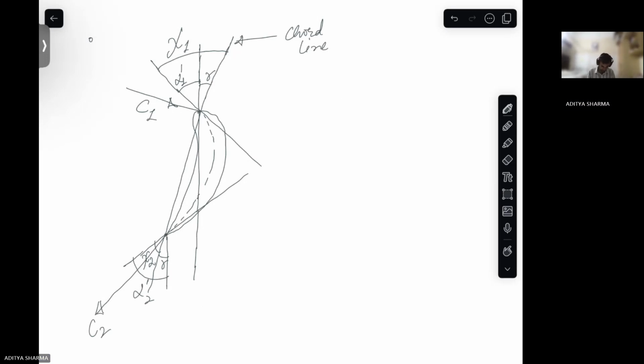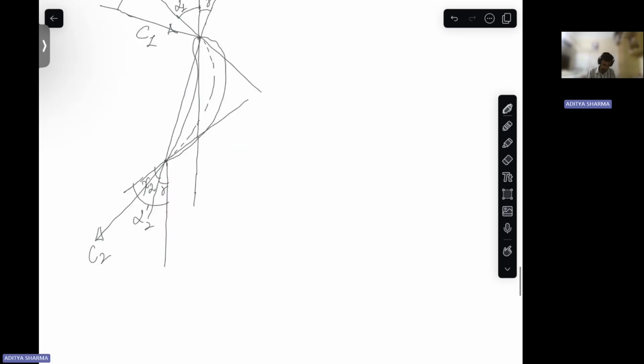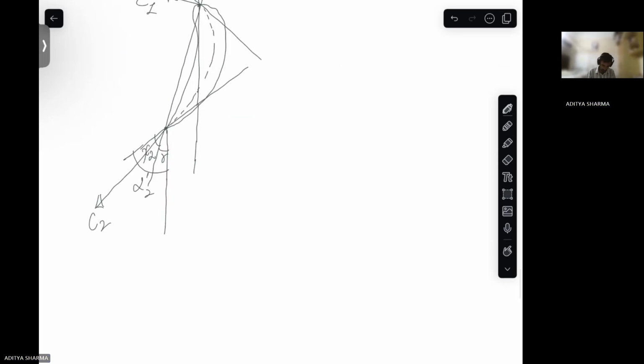Then this angle is alpha 1. This angle is alpha 2. Just give me a second.